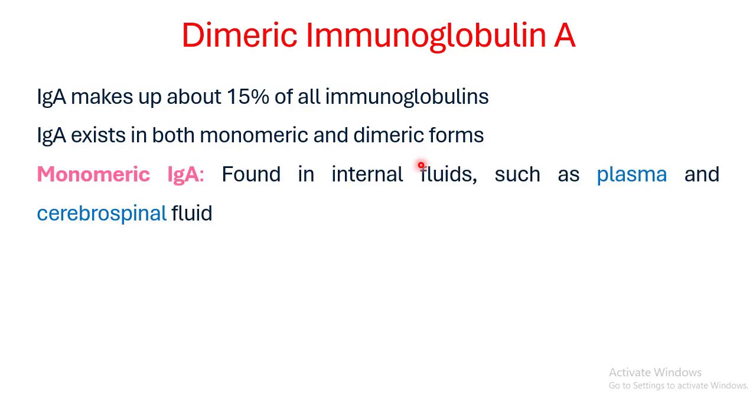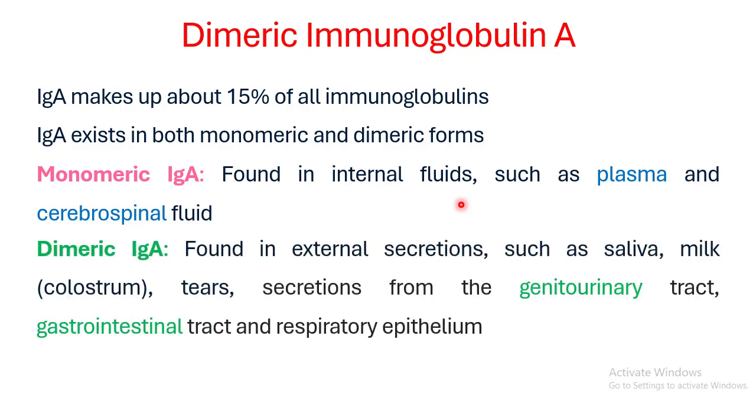Now, where are these monomeric and dimeric immunoglobulin A found? The monomeric immunoglobulin A is found in the internal fluids like the plasma and the cerebrospinal fluid. The dimeric immunoglobulin A is found in the secretions.